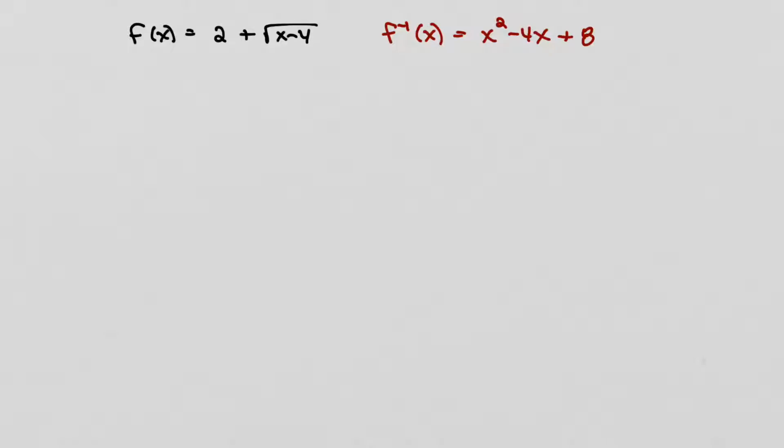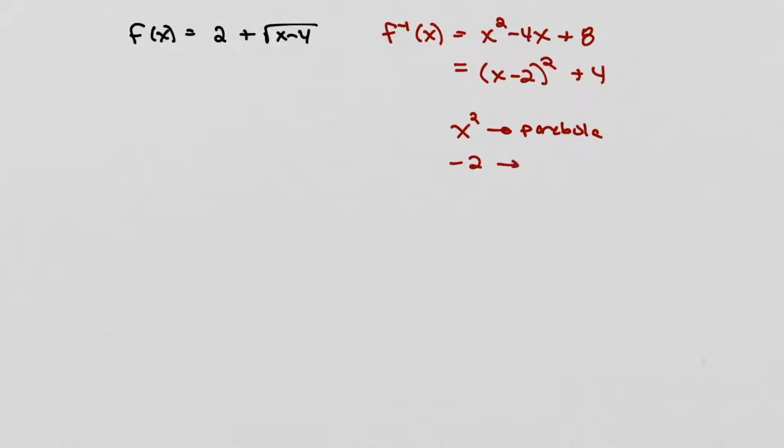And what we can do is we can start to graph these things using our transformation properties we've been messing around with. For instance, for the inverse over here, if you complete the square on this, this becomes x minus 2 squared plus 4. If you remember, this starts off with our base function of x squared, which is a parabola.